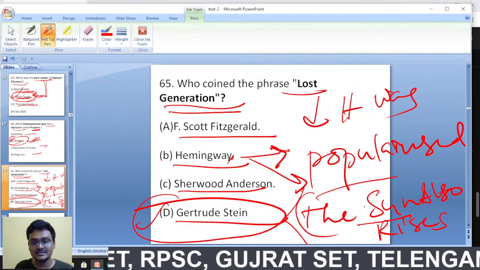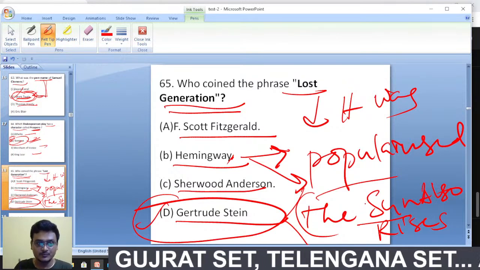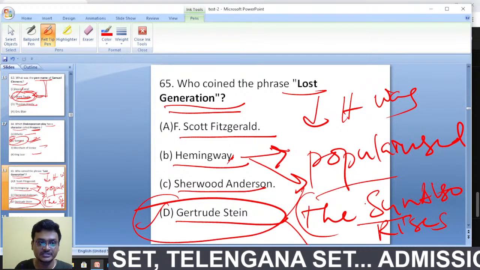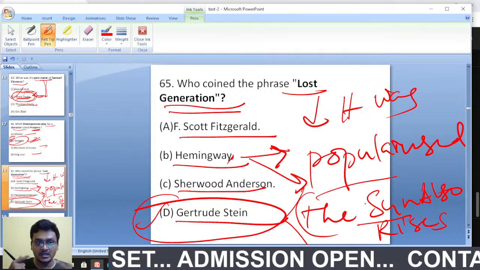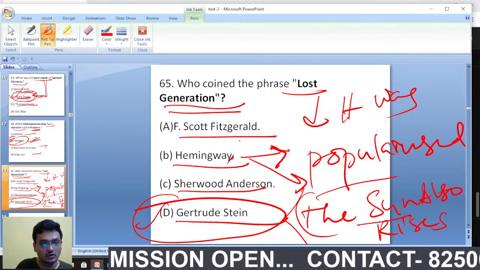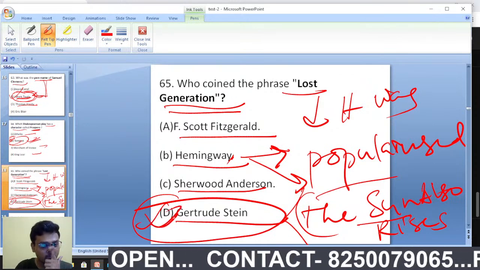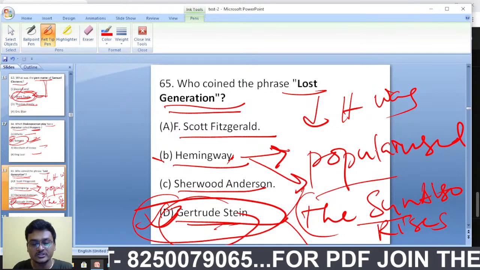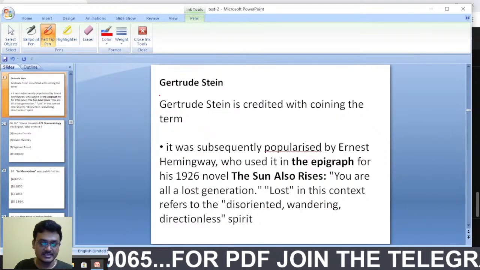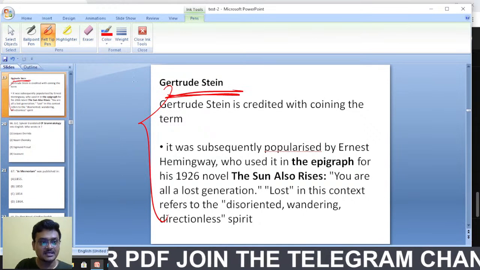In the epigraph, Hemingway has popularized the phrase lost generation, but the coining of this phrase goes to Zarathustra. Coined by Zarathustra, popularized by Hemingway in the epigraph of his novel The Sun Also Rises. It is given actually. So here is the explanation.